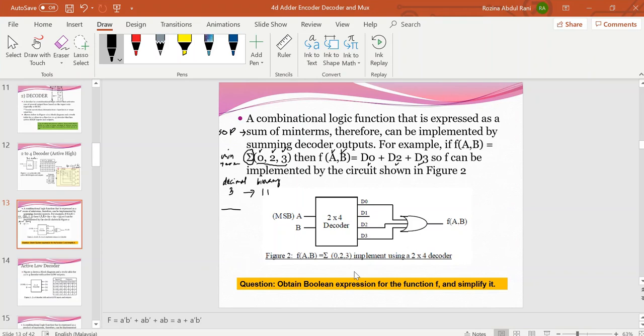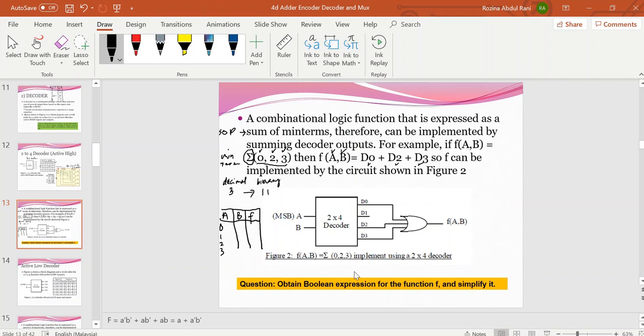So you can draw the truth table. You have input A and B, and F is your output. The highest input is 3, so we are going to have inputs 0, 1, 2, and 3.